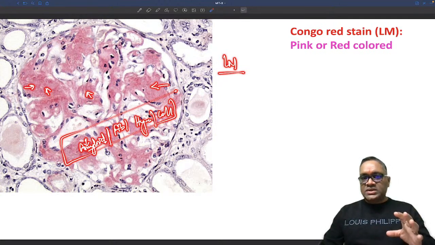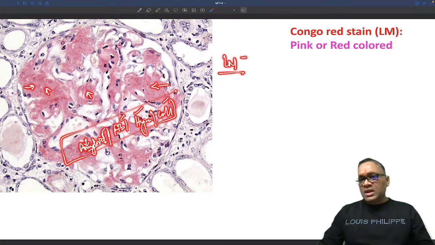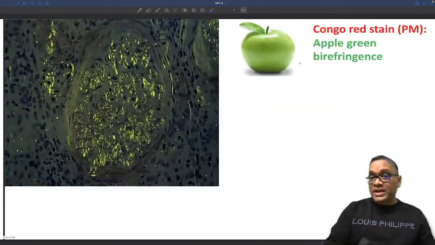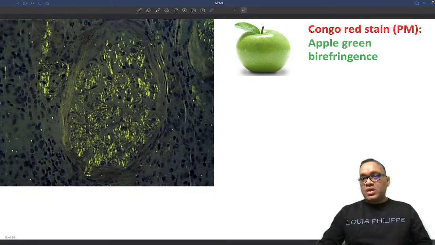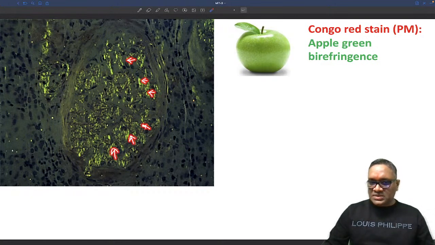It is Congo red staining, no doubt, but this pink or red material which we are seeing in the extracellular area can be amyloid, fibrin, hyaline, or collagen. That is why light microscopy is non-diagnostic. Pink or red color is non-diagnostic. So what will be diagnostic? Where you can see this apple green birefringence. This question came in a previous year exam, with a similar diagram.